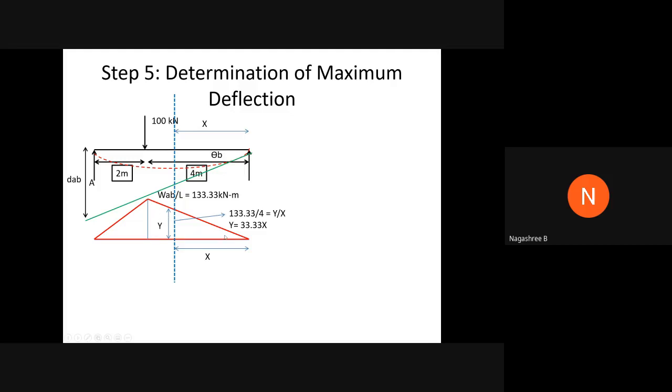So you have the similar triangles: the bigger triangle of span equal to 4 meters and the smaller triangle of span equal to x distance.